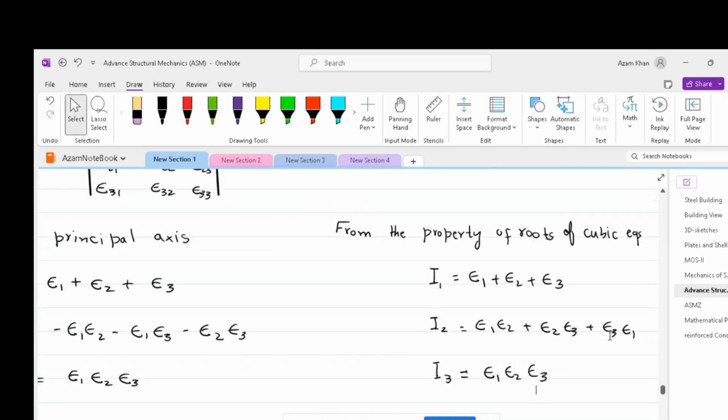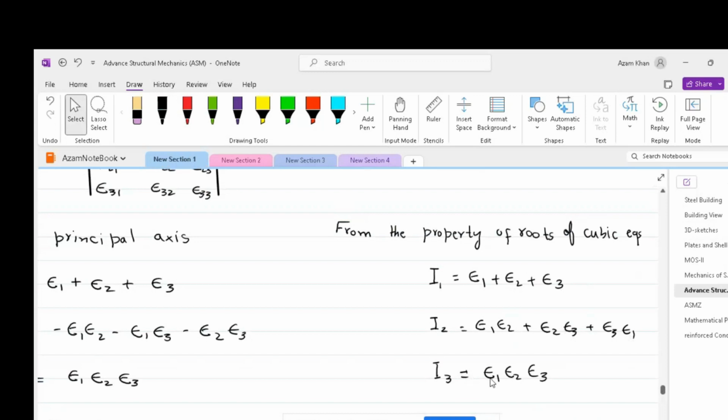From the property of roots of a cubic equation, we can work out I1 equal to the scalar epsilon 1 plus scalar epsilon 2 plus scalar epsilon 3. I2 would be equal to scalar epsilon 1 times scalar epsilon 2, plus scalar epsilon 2 times scalar epsilon 3, plus scalar epsilon 3 times scalar epsilon 1.